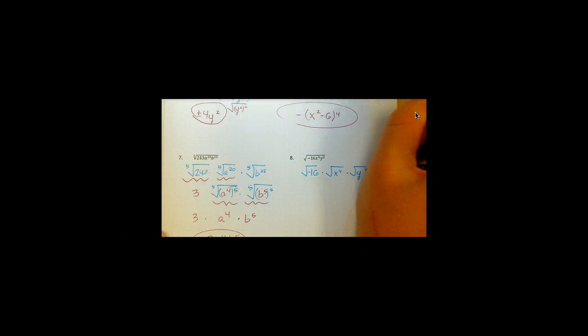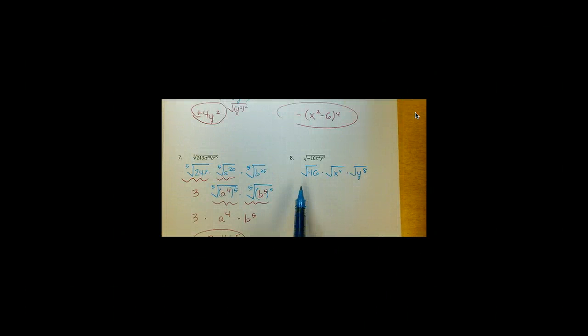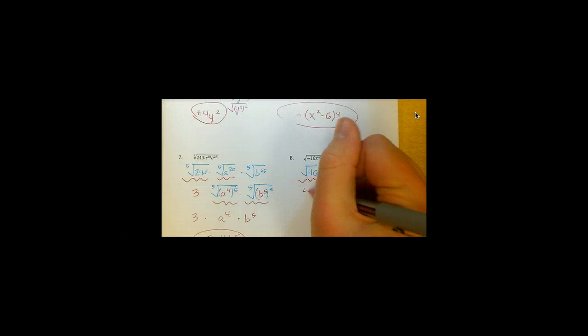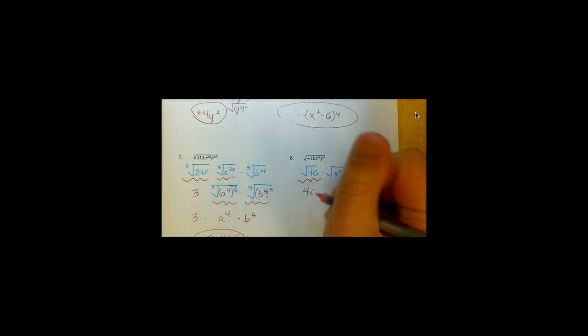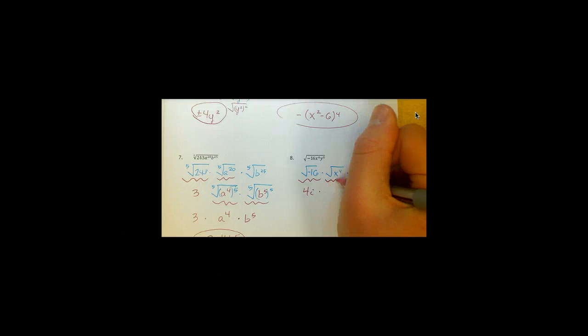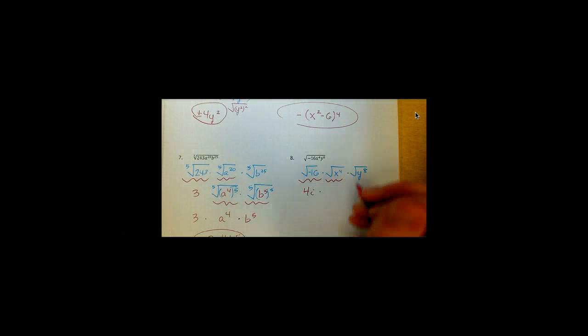We can't take the square root of a negative, but we do know how to work with imaginaries. So anytime you're doing a square root of a negative, I want you to write that in the imaginary form. This would be 4i. Okay, the square root of x to the 4th would simply be the square root of x squared squared, or x squared.